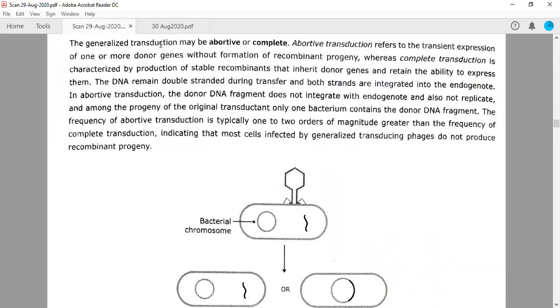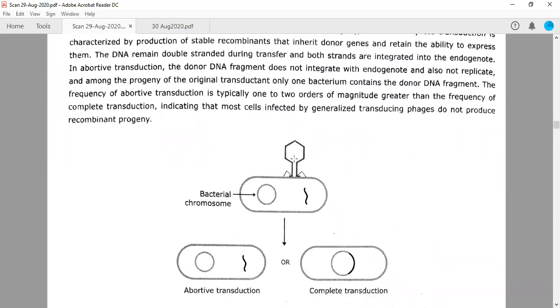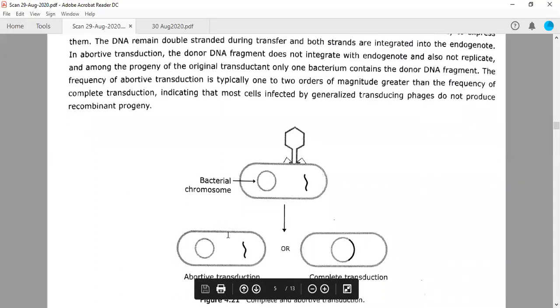Generalized transduction is of two types, abortive and complete. So what does it mean? Abortive refers to the transient expression of one or more donor genes without formation of recombinant progeny. As you can see here, when this bacteriophage infects a new cell, this is cell B from the last diagram, it will move its DNA inside the new cell, and it will remain inside the cytoplasm.